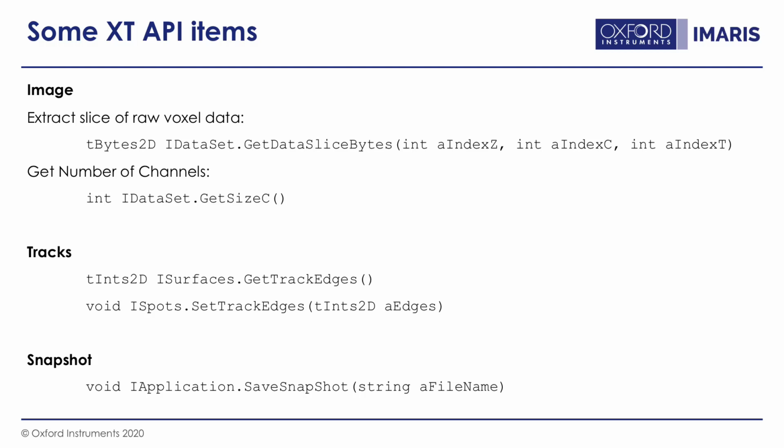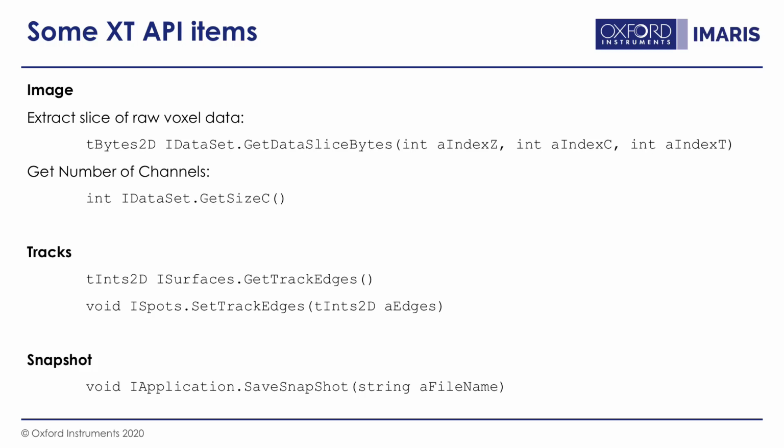Therefore, the iDataset class has methods to get only a portion of the whole volume. In this example, GetDataSliceBytes, you specify a Z slice, a channel, and a time index, and you'll get back a 2D array of the voxel data.